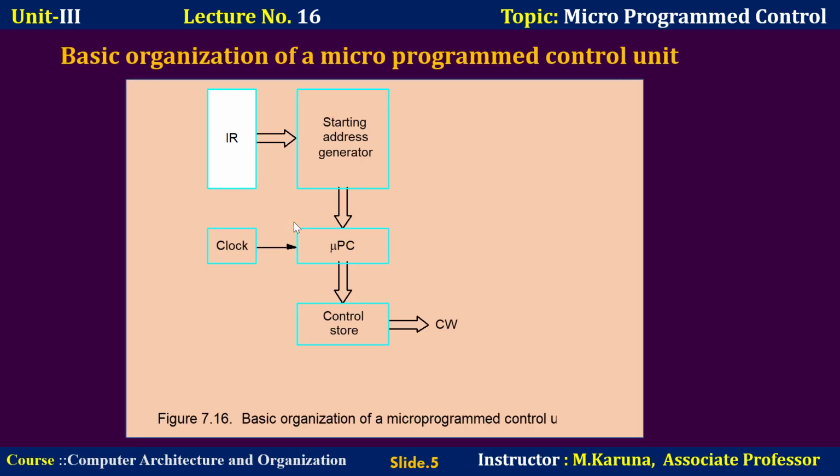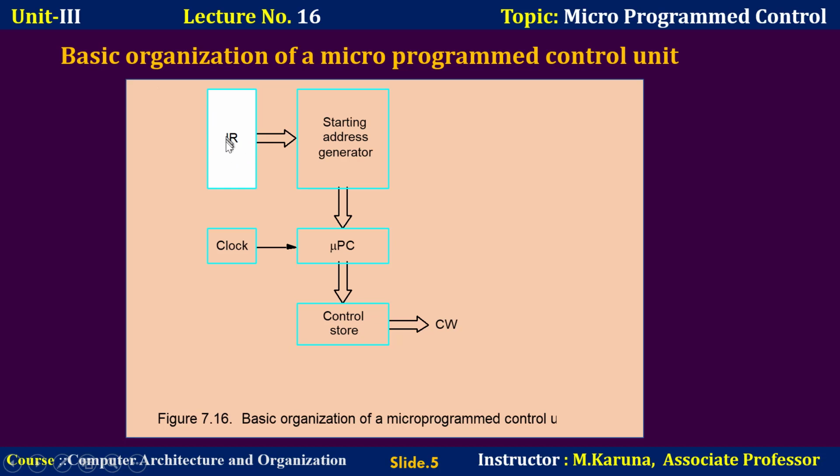Next, let us move on to the next slide: basic organization of the microprogrammed control unit. To transfer micro control signals to the processor, some small hardware circuit is required. Here the instruction register contains the add instruction, Add R3, R1.